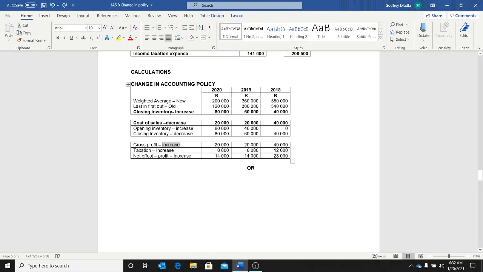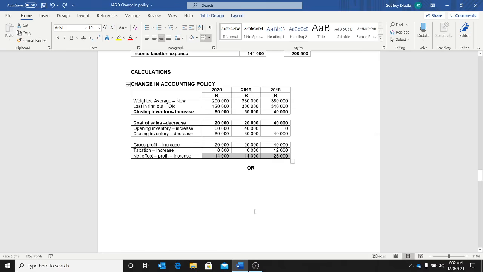Okay. So you can see that the nice part about this one is that the whole 20 and 20 and 40 here, they are decreasing. If they are decreasing, your profits will go up, right? If your profits are increasing, the tax, 30% of those figures, will also increase. So the net is 20 minus 6, 20 minus 6, 40 minus 12, which is also an increase in profits of 14.